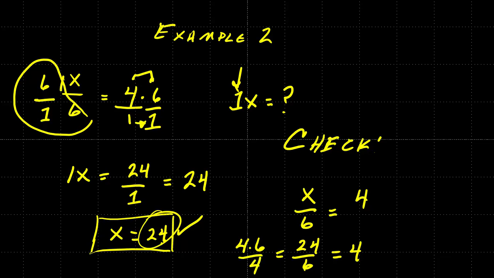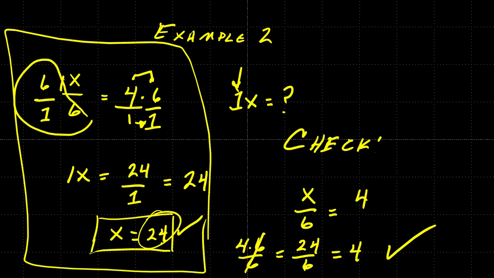Pardon me, that's not exactly what I wanted. This was going to be 6. The 6's divide out and we have 4 equals 4. That's a check. The work that we did over here then is correct.